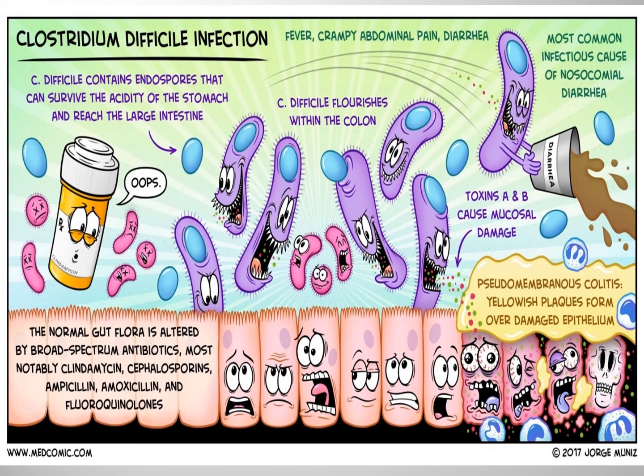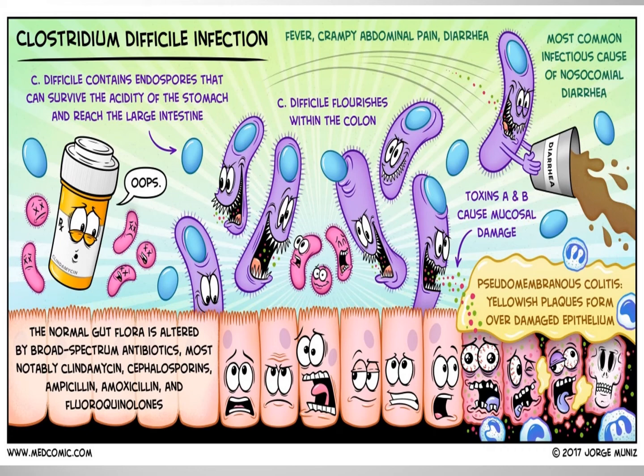You're going to hear the word Clostridium many times because there's an assortment of different infections that originate from this particular group of bacteria. Clostridium difficile infection in this case is a diarrheal illness, but there's also Clostridium tetani, which causes tetanus.